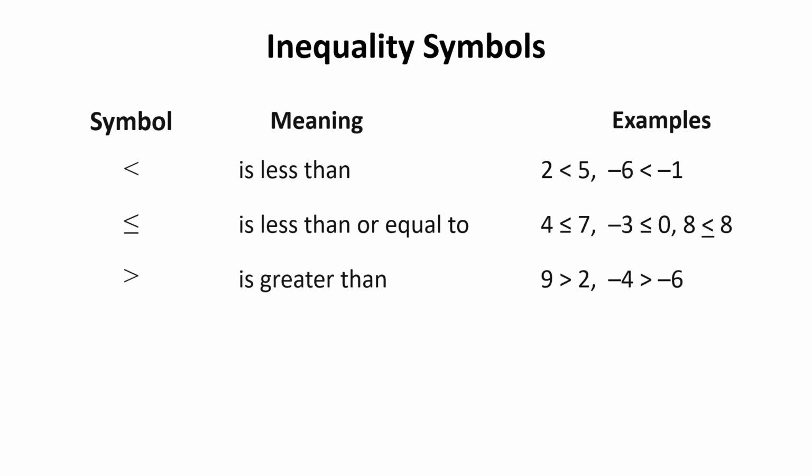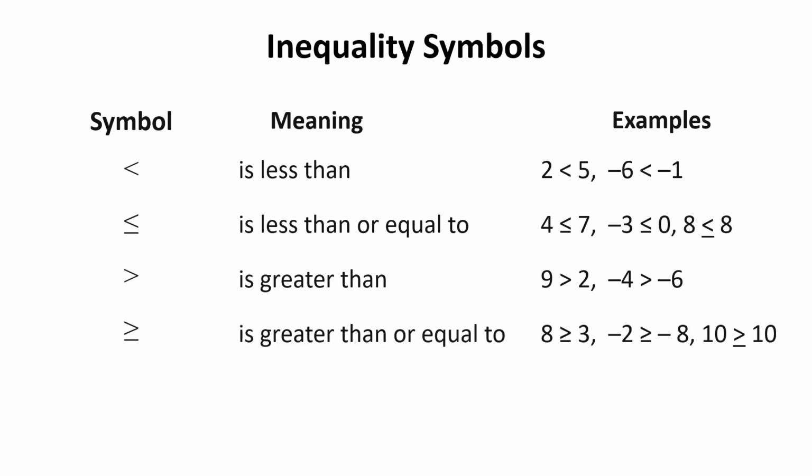Next we have greater than. If we read this symbol from left to right, we would say this is the greater than symbol. Examples would be 9 is greater than 2 and -4 is greater than -6. If we think of this on the number line, 9 is more to the right than 2 and -4 is more to the right than -6.